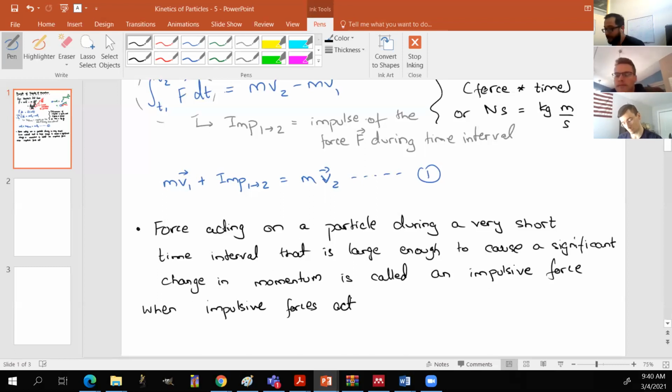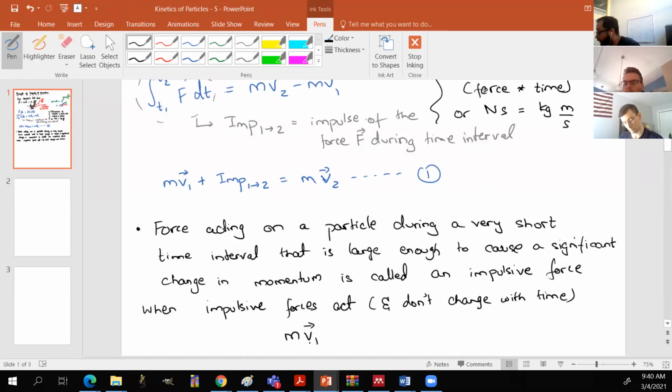For this next expression, we're just saying that these impulsive forces don't change with time. You have your initial linear momentum, and then you'll have your impulse that acts on your body, and this is going to equal the final linear momentum of your body.